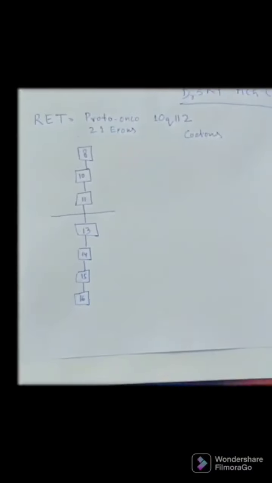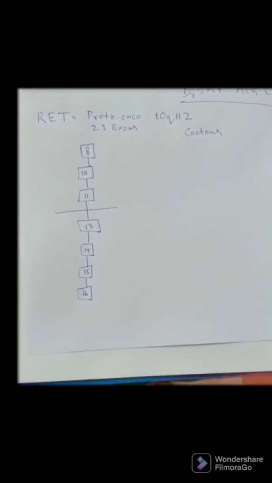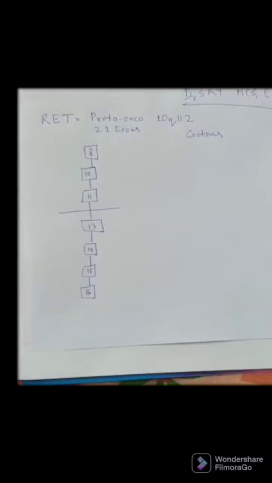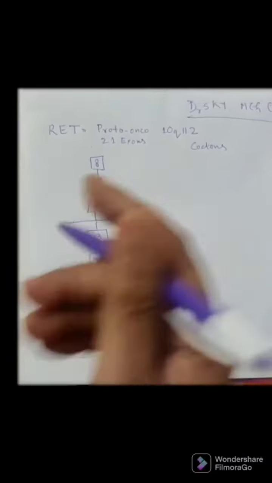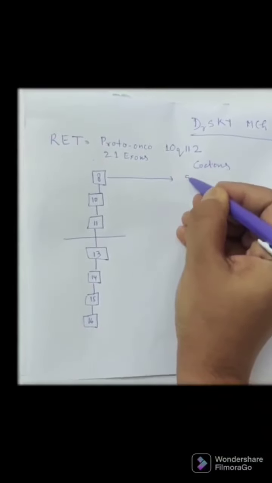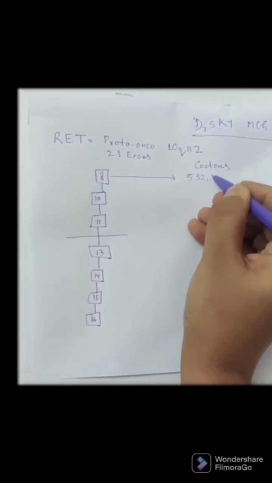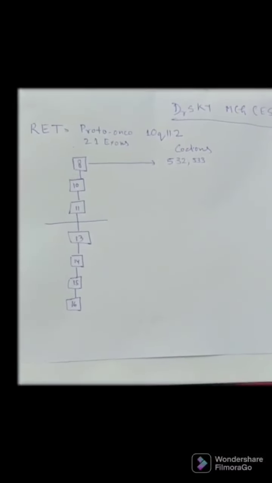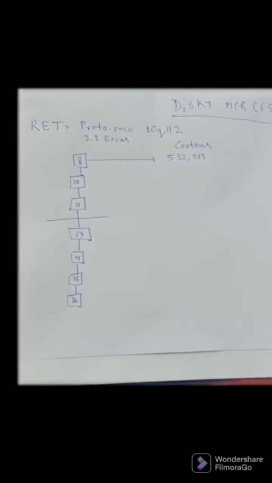To remember which codons are located on which exons, you can remember it from the series with which they start. On exon 8, the series is 5: 532, 533. For exam purposes, you can remember that the series starting with 5 is located on exon number 8.